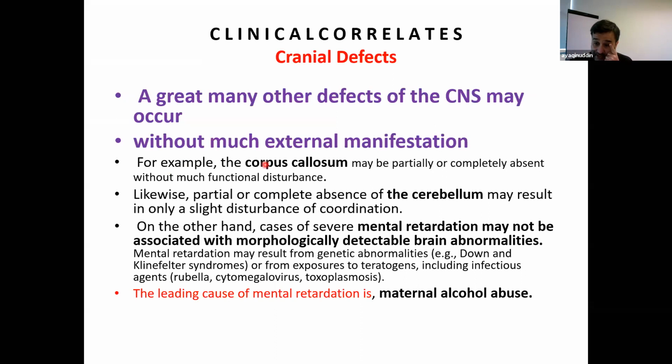So it's not necessary that a structural abnormality in the brain would be associated with mental retardation or defects in higher mental function or in sensory and motor function. You might see a completely normal brain, but you still have mental retardation or abnormalities of brain function.